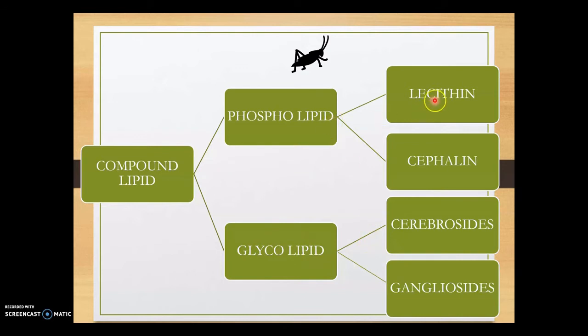Phospholipid examples are lecithin and cephalin, while examples of glycolipids are cerebrosides and gangliosides. The name itself says it: cerebroside, cerebrum is in the brain. Gangliosides are mainly in the ganglion neurons. So this is the classification of compound lipids.